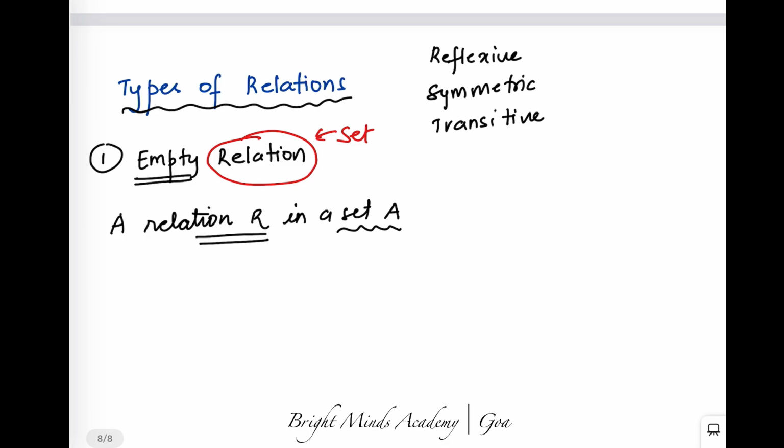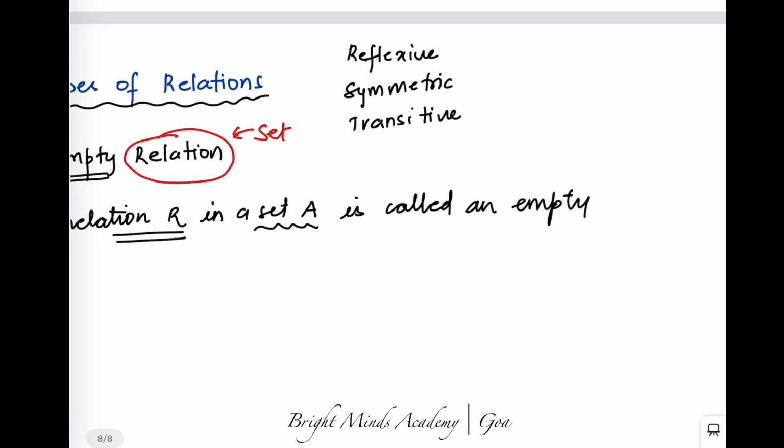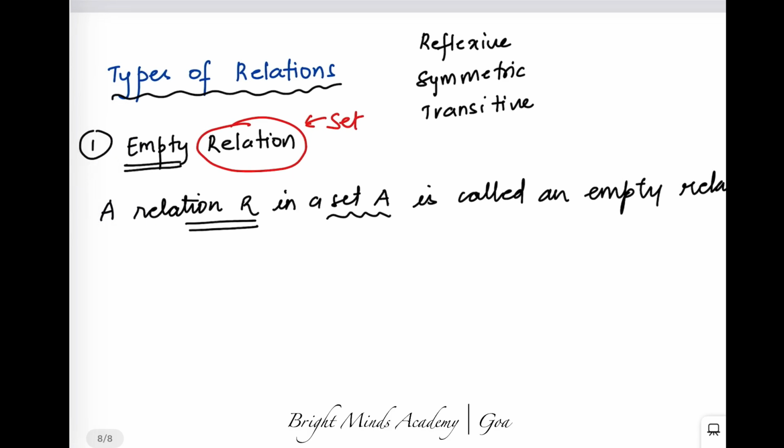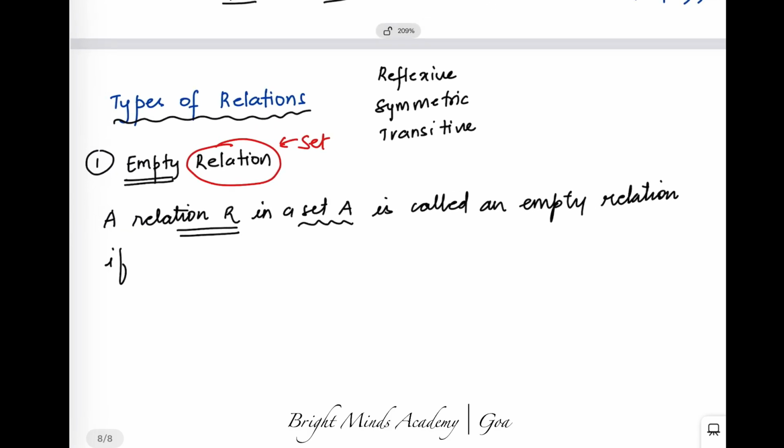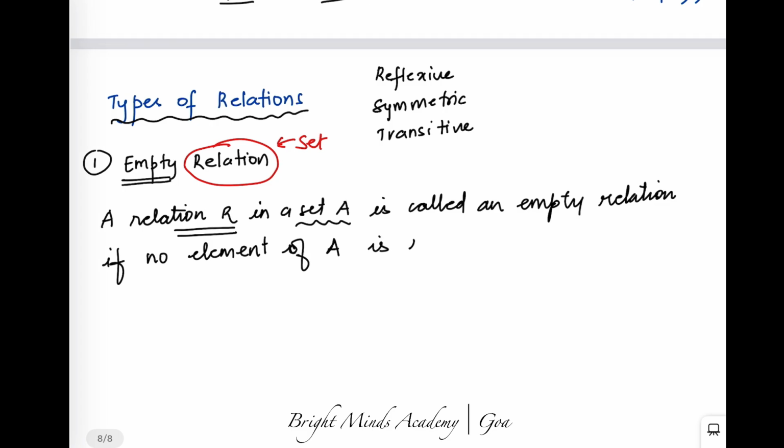Now, a relation R in set A is called an empty relation if no element of A is related to any element of A.